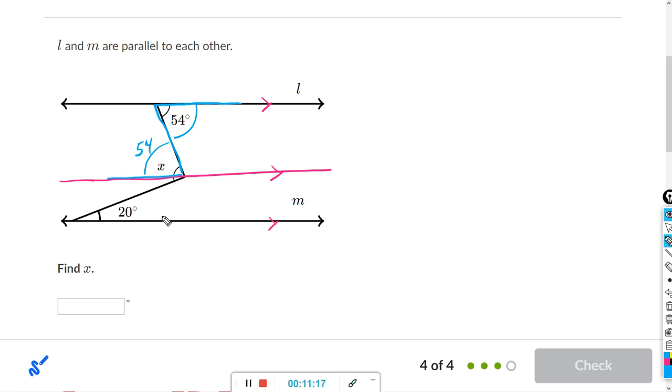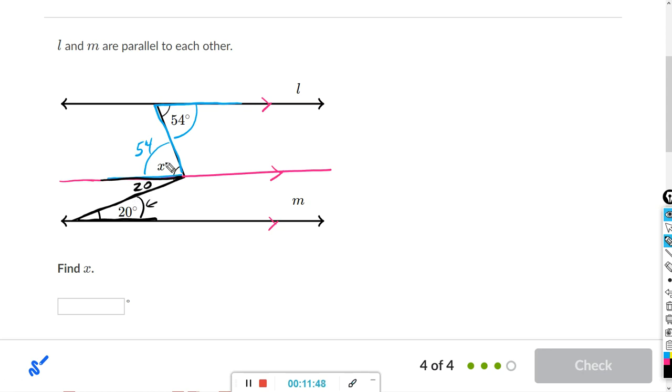Okay, but that's not X, because X also includes this piece down here. So you know what? I think we can just do that piece right now. All right, I'll do it in a different color. Okay, for the other Z, we have this, this, and this right here. So if this is going to be 20, then this one right here is going to be 20.